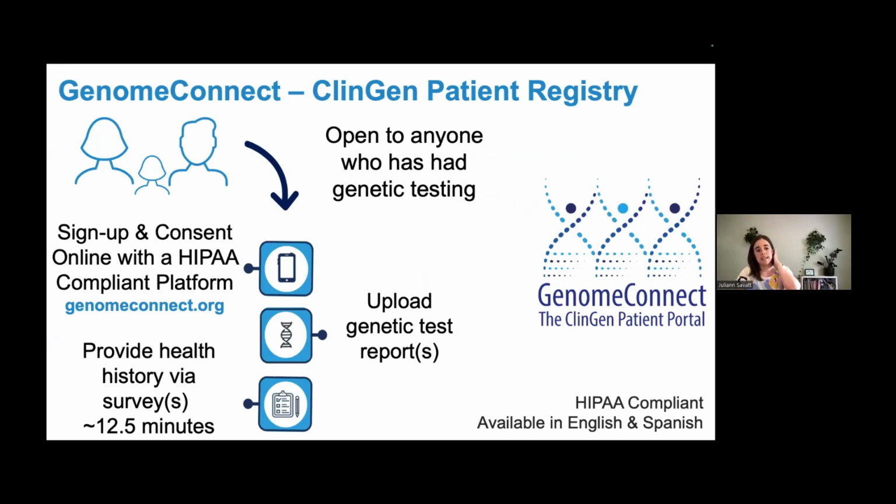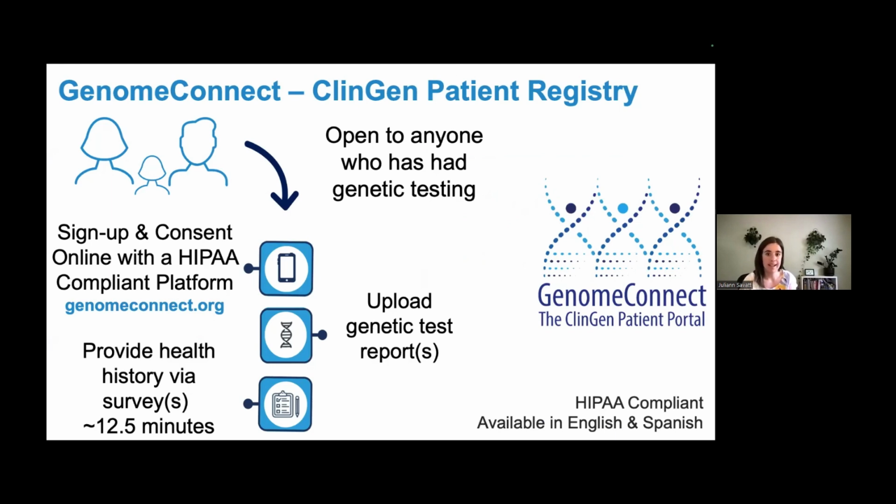So GenomeConnect is ClinGen's online patient registry. It's open to anyone who's had genetic testing, regardless of diagnosis or genetic test results. So it's not gene or disease specific. The platform, consent, and documents are all available in English and historically have been available in Spanish, and we're working on updating our Spanish translations right now.